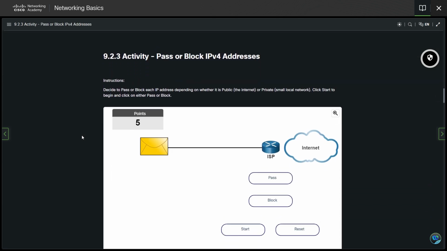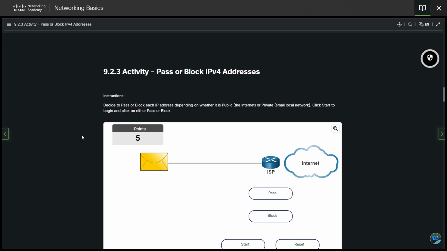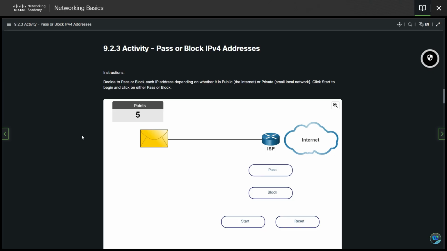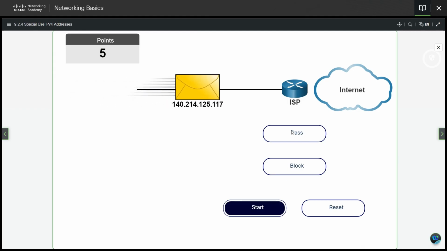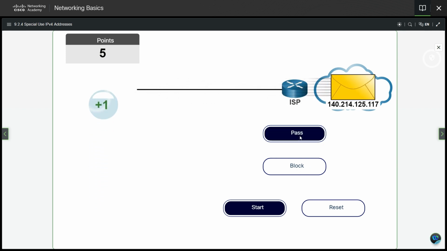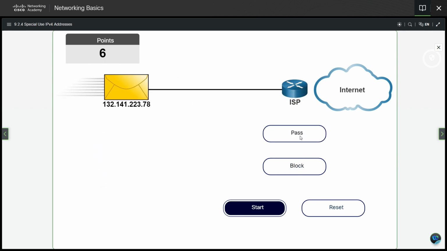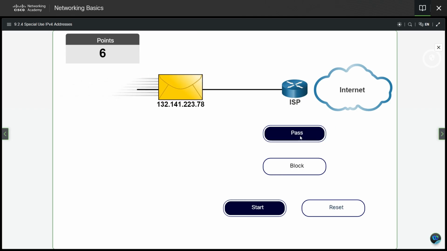And we can see an activity: pass or block IPv4 addresses. Instruction: decide to pass or block each IP address depending on whether it is public, the Internet, or private, a small local network. Click Start to begin, then click on Pass or Block. Okay, start. This pass. And this pass.